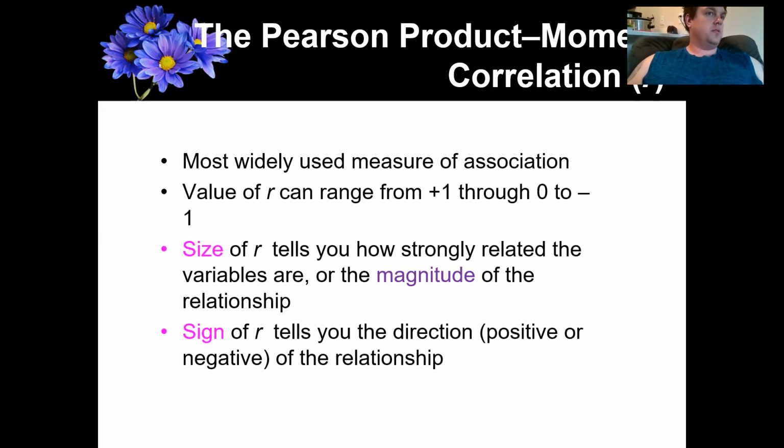And of course, that also means that as one variable goes down, the other one also goes down. So make sure you're clear on that. Positive correlation doesn't just mean that as one variable goes up, so does the other, but also that as one variable goes down, the other one also goes down. So basically, they're going in the same direction.